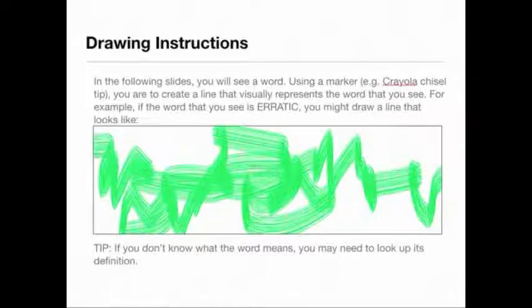I'm going to show each of these slides and then suggest that you pause the video while you complete the drawing before moving on to the next line. Our first word is peaceful.